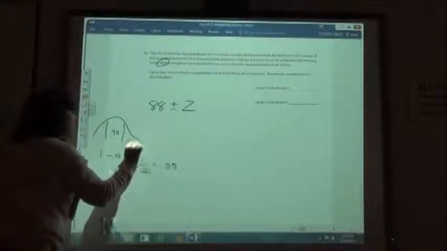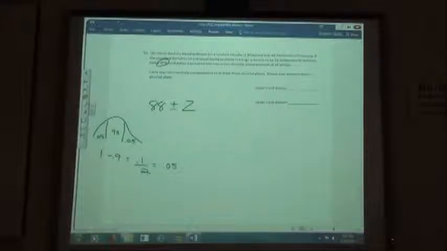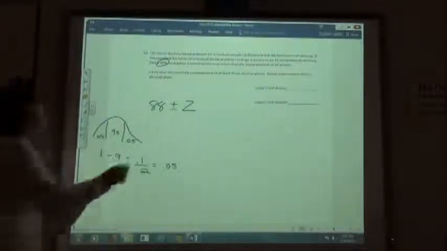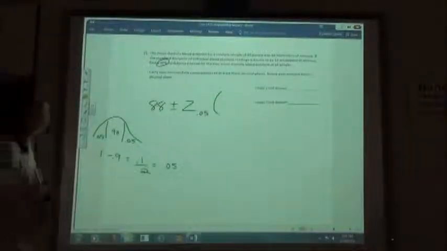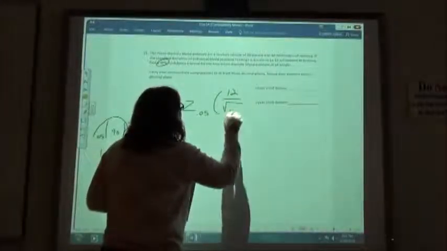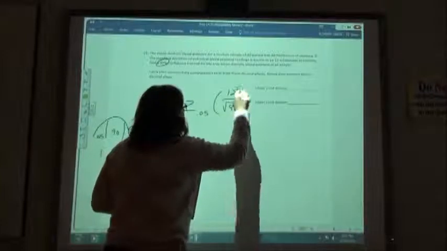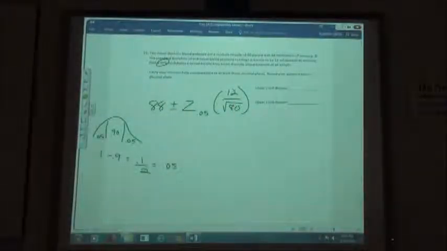So this is 0.05. This also has an area of 0.05. The whole thing adds up to 100%. So we're going to use 0.05 there, times our standard deviation 12 over the square root of n, which is 80. And there are our numbers we're going to plug into the calculator.